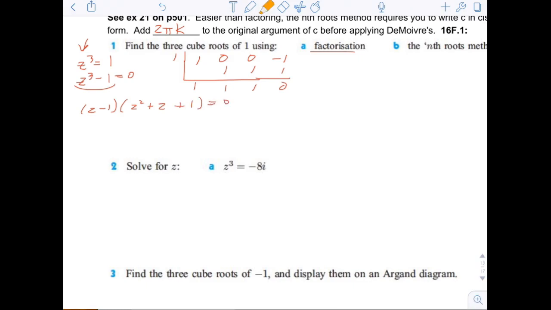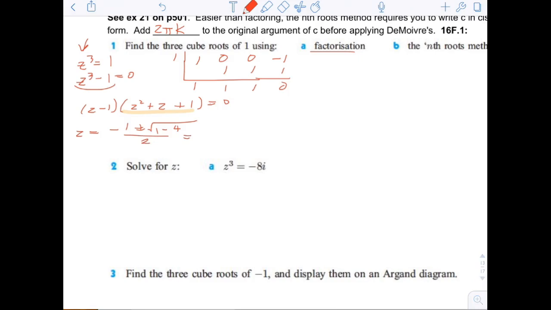So we know that this orange part is equal to 0 also. And those are going to be complex roots, but we can find them easily by using the quadratic formula. b squared minus 4 times a times c, and a and c are both 1, divided by 2a.